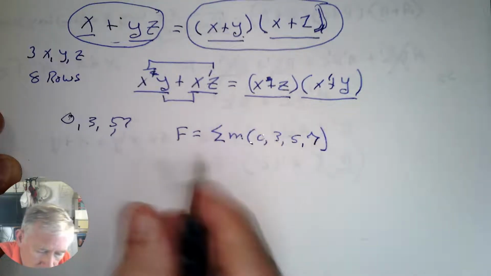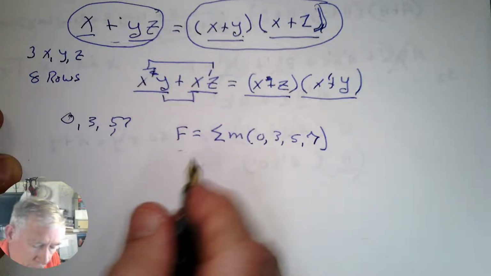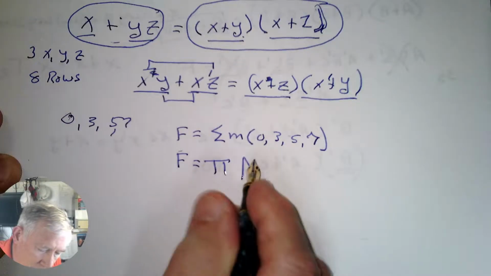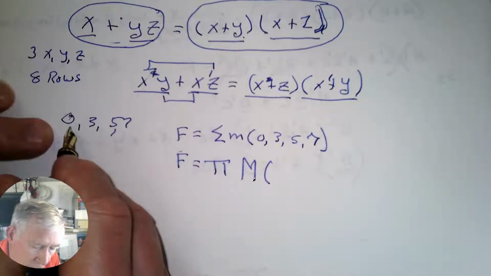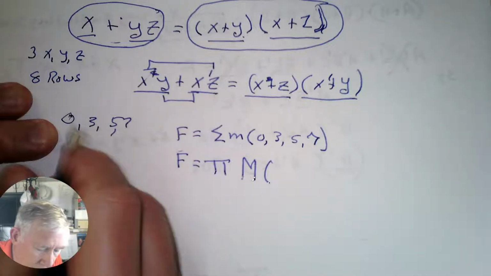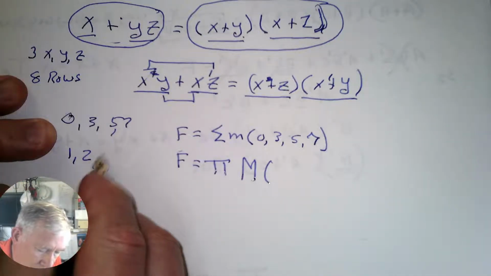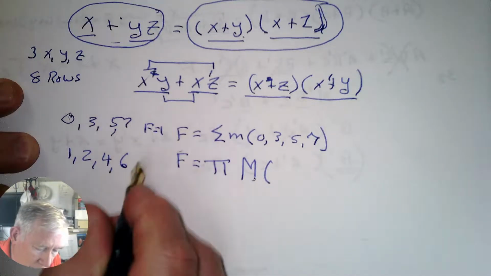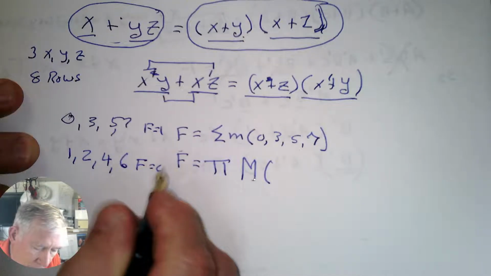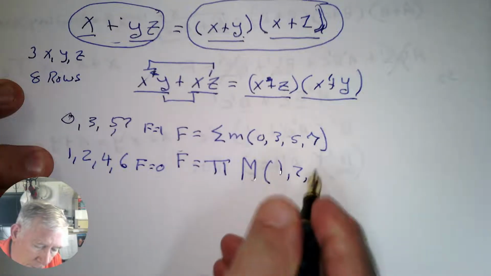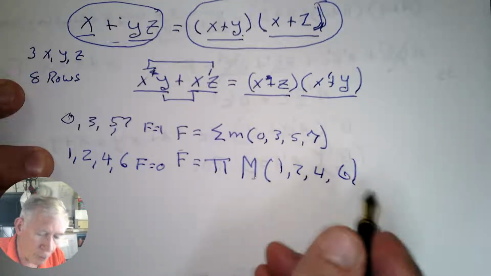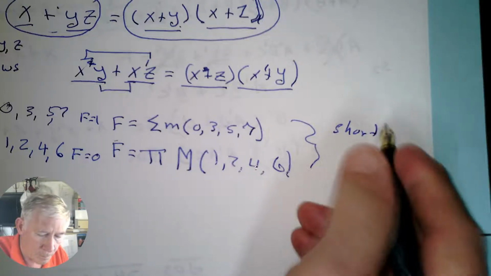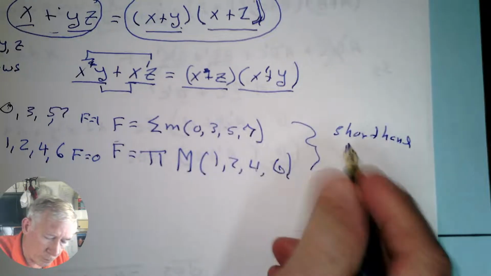And if we then wanted to write the max term side of that, we would say F equals the product of the max terms, capital M, and instead of 0, 3, 5, 7, we would use 1, 2, 4, and 6, because that's where the zeros are. For all these, F equals 1. For all these, F equals 0. So that would be 1, 2, 4, 6. And we call these forms the shorthand notation.